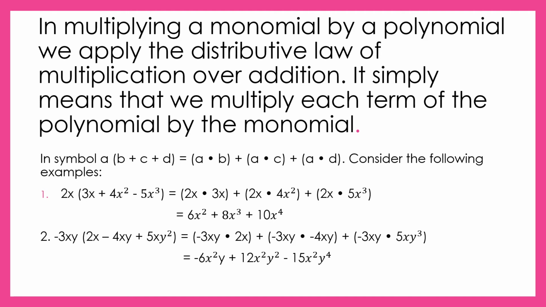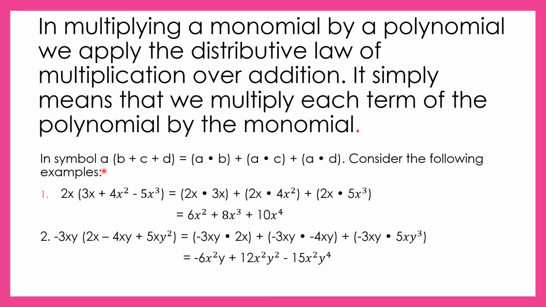Now, in multiplying a monomial by a polynomial, we apply the distributive law of multiplication over addition. It simply means that we multiply each term of the polynomial by the monomial.